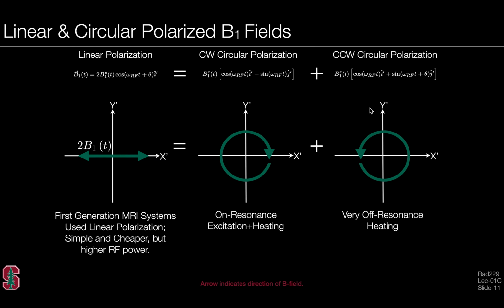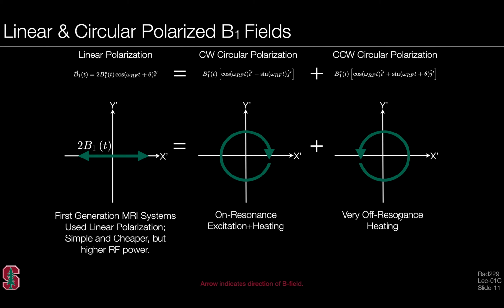If we add to that a counterclockwise circularly polarized field, which is shown by this mathematical expression here, this is still just a cosine and a sine, but in this case the sign of the sine has changed. We now have a circularly polarized magnetic field. Because this is at a frequency that's the negative of the excitation frequency, it's very, very off resonance.